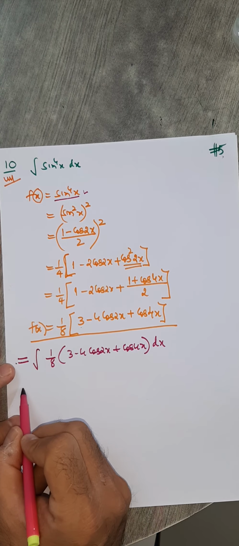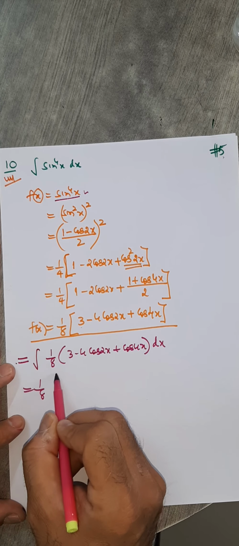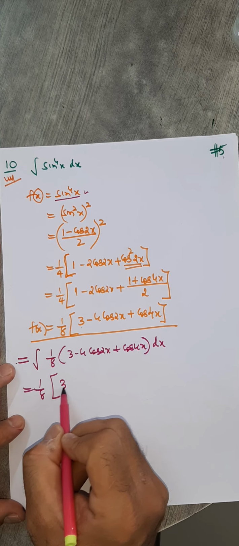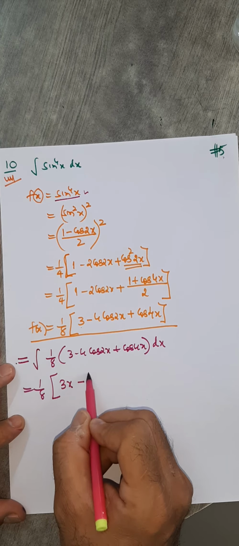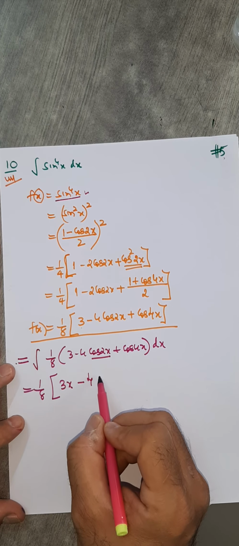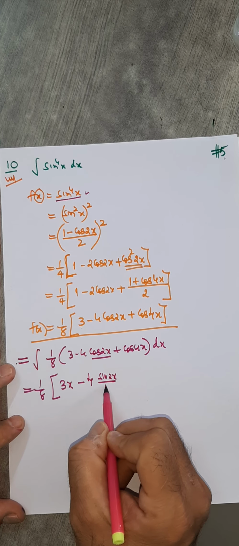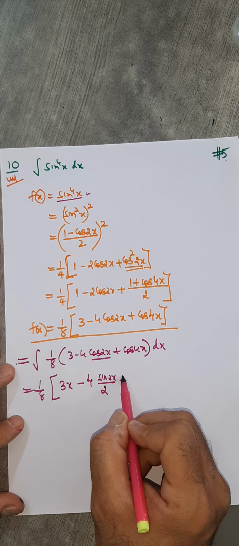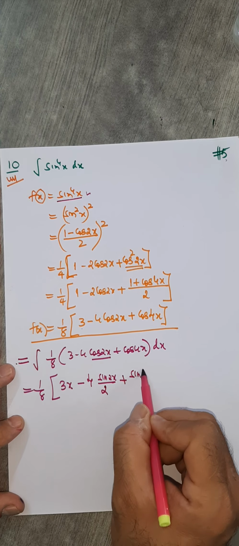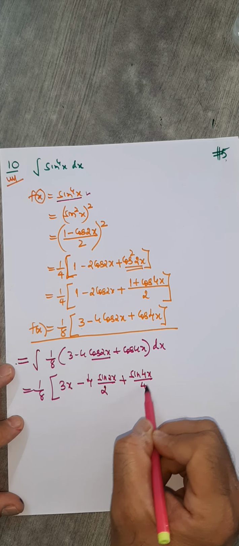This is 11th standard trigonometry, remember. 1 upon 8 outside, integral of 3 is 3x, minus 4 being constant as it is, integral of cos 2x is sine 2x upon the coefficient of x, 2, plus here sine 4x upon 4, plus c.